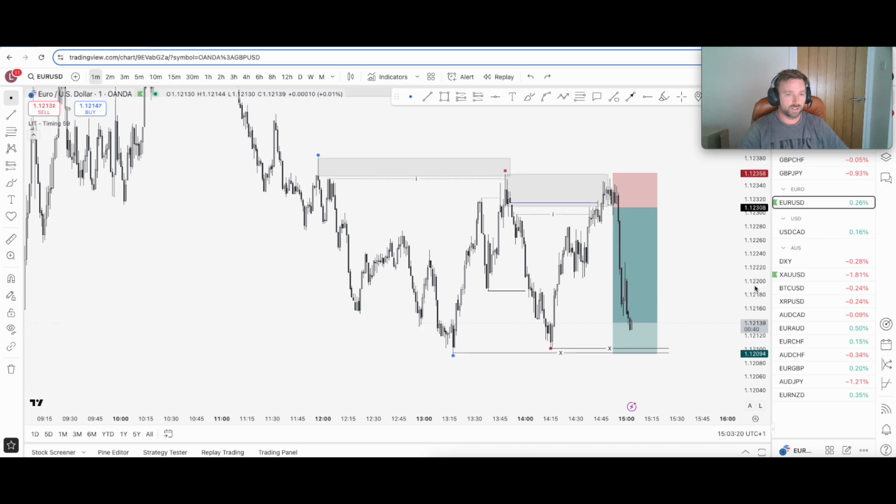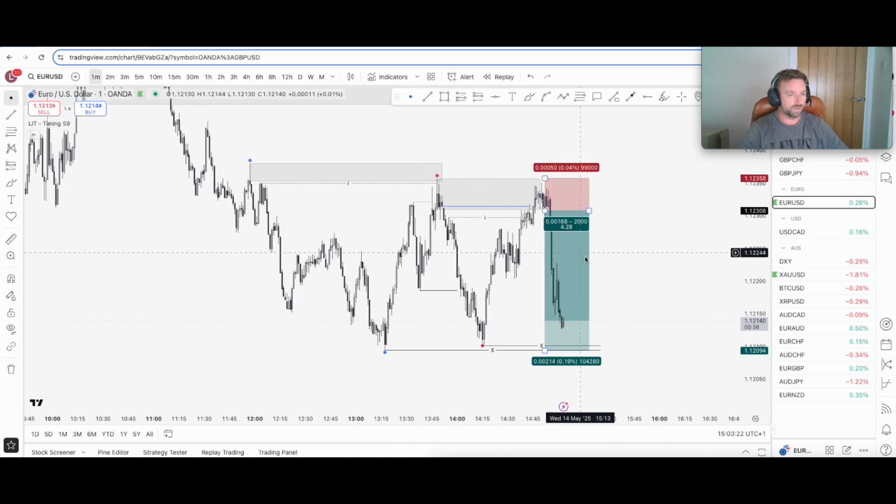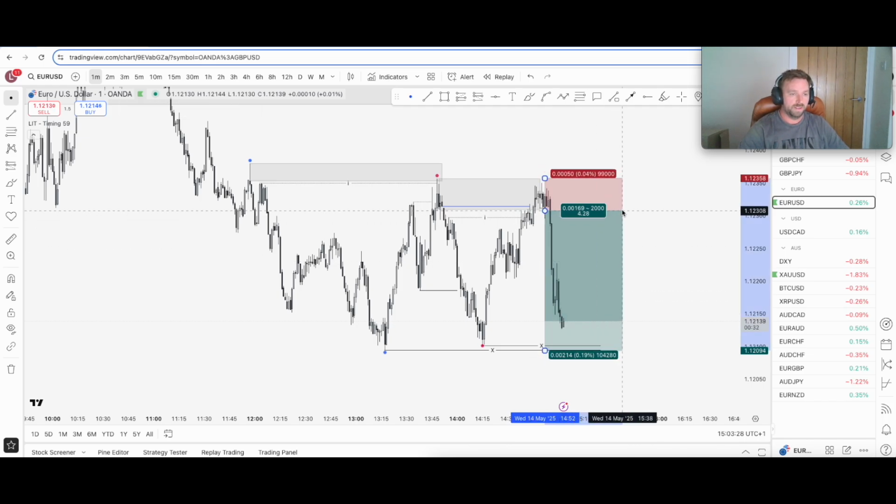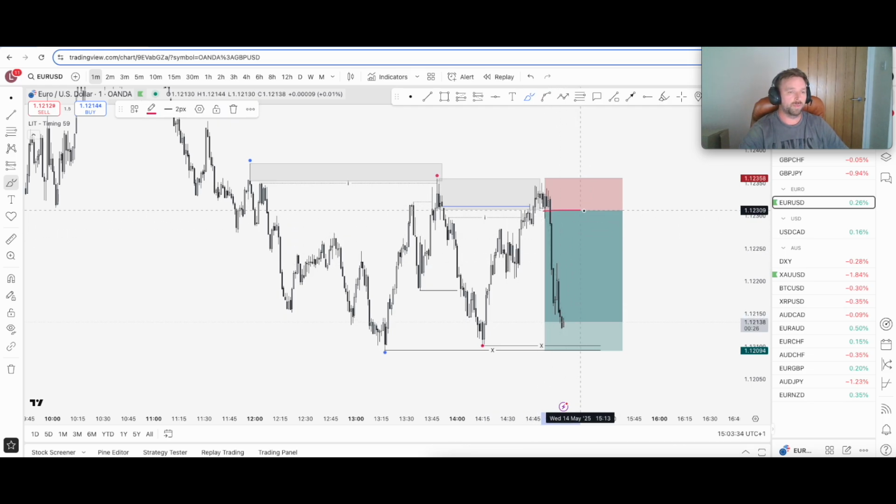And I think also the key to this, the lower time frames, is manage your risk properly. Manage it to the point where you make decent enough money, but not to the point where you've got too much on the line.